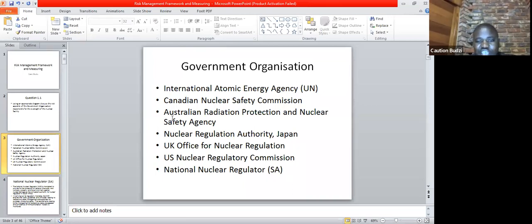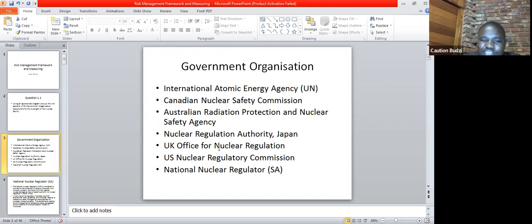So we have the International Atomic Energy Agency, which is a UN organization responsible for nuclear plant organizations across the world. You will find that the regulators in most countries are affiliates of the International Atomic Energy Agency.